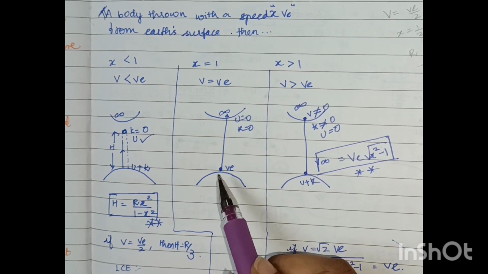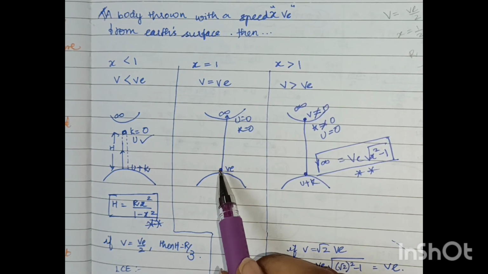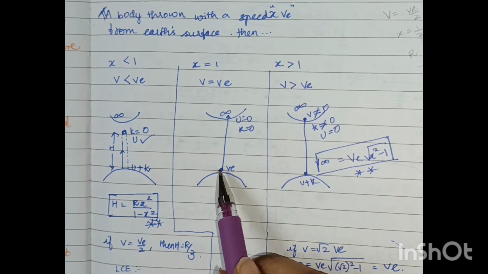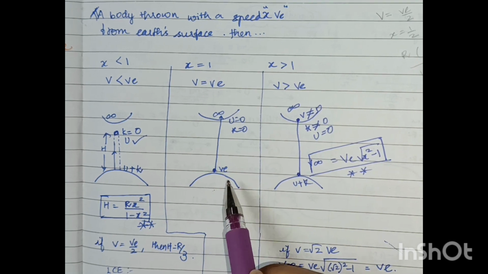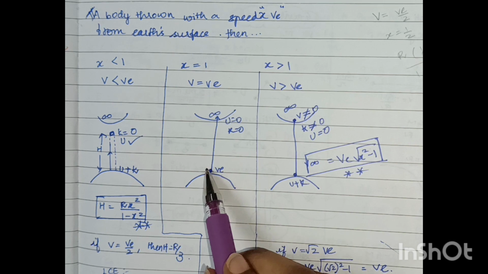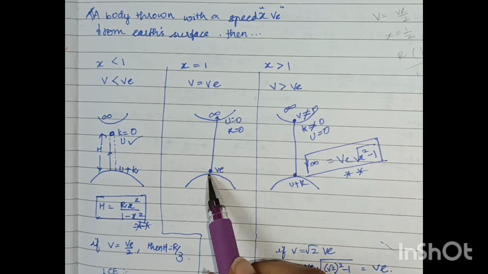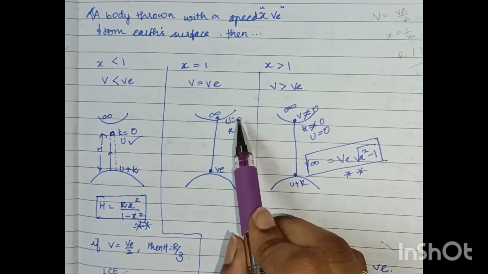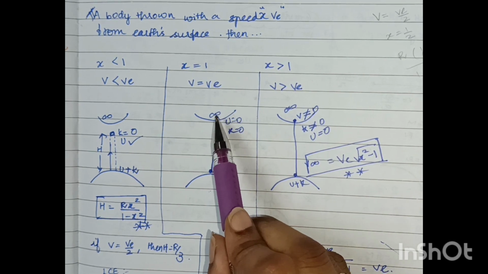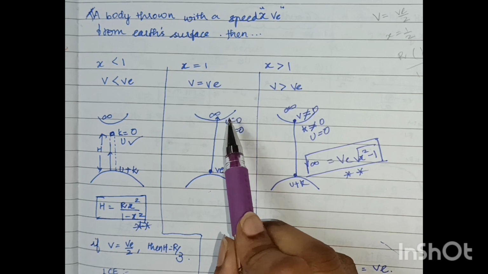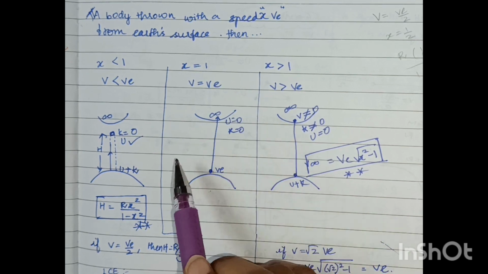Initially it is at the surface of the earth, that means it should have a potential energy. We are projecting it with some velocity, so definitely there will be kinetic energy, and it is going and reaching infinity. We already know that at infinity the gravitational potential energy is 0, so U will be 0.